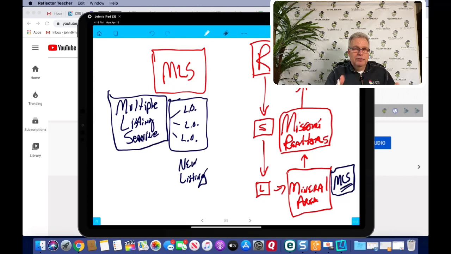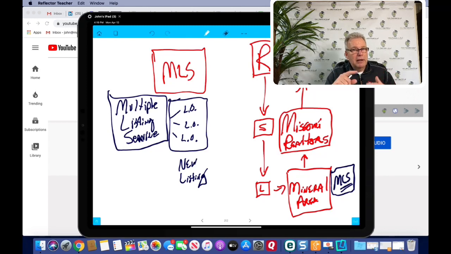You would get your bound book, and the new listing section, the listings were still 8-10 days old, but we had a bound book we could take with us in our car and look at. And then we went to the computer plus the book. Then we got rid of the book and strictly had the computer, and now we have the MLS, and everything from the MLS is pushed out, syndicated to Zillow, Realtor.com, and so forth.